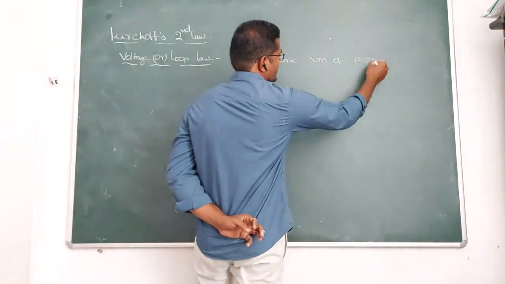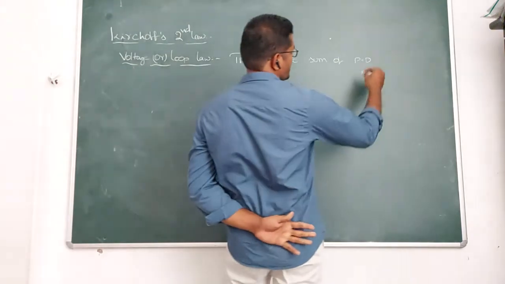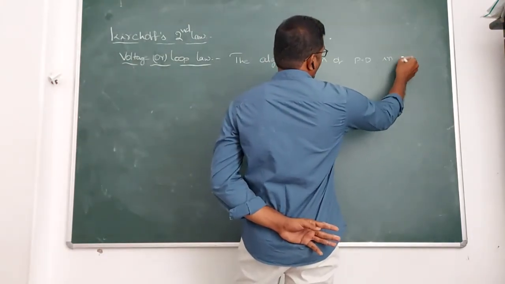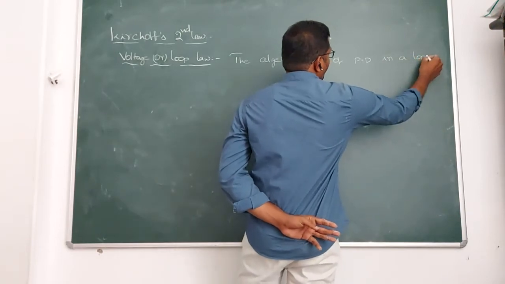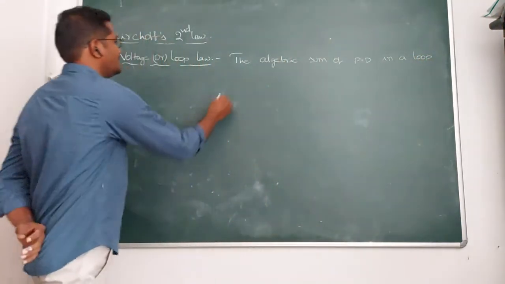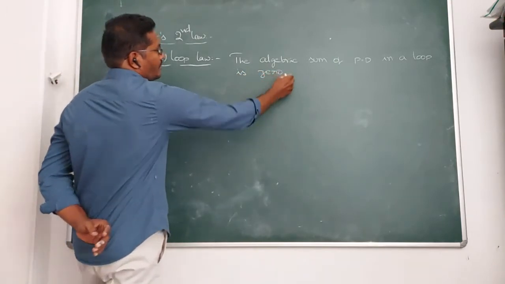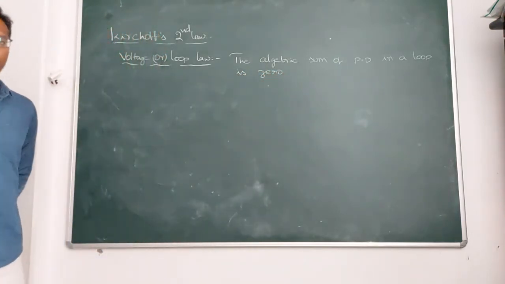The algebraic sum of potential differences in a loop is 0. So this is the loop law.